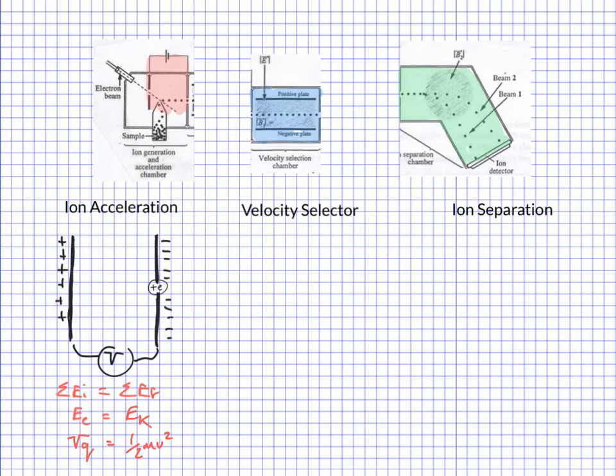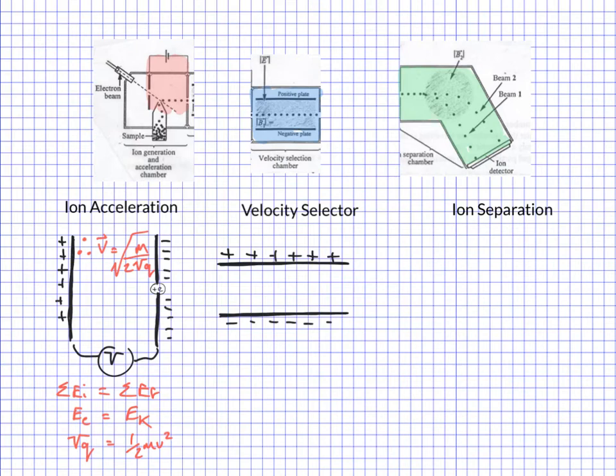And so we're left with a statement. I said there was going to be a statement for each section, so here it is for the Ion Accelerator. We are just going to say that the velocity as it leaves this accelerating chamber, doesn't matter where it goes from, as long as it's going from rest with respect to the horizontal motion, is equal to the square root of 2VQ over the mass.